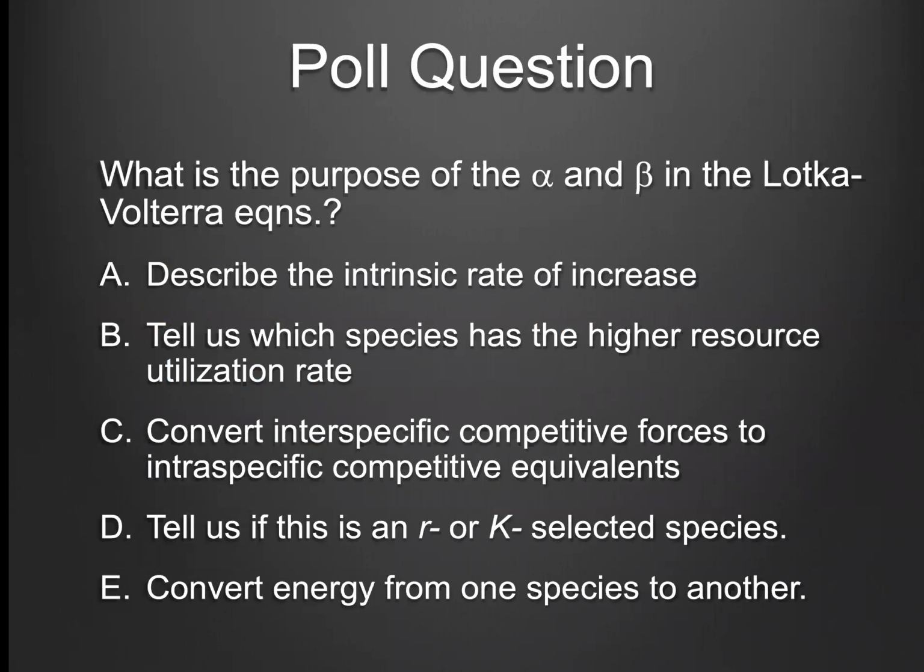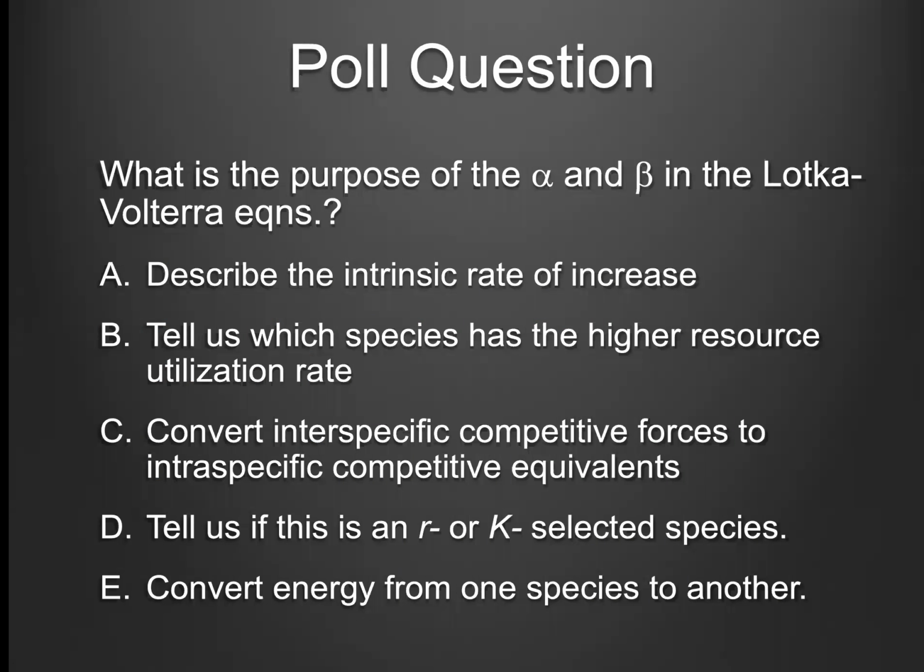Okay, let's see if we're understanding this at all. Let's have our first poll question. What is the purpose of the alpha and the beta in the Lotka-Volterra equations? Is it to describe the intrinsic rate of increase? Does it tell us which species has the higher resource utilization rate?